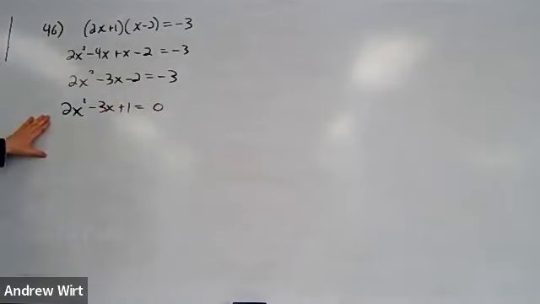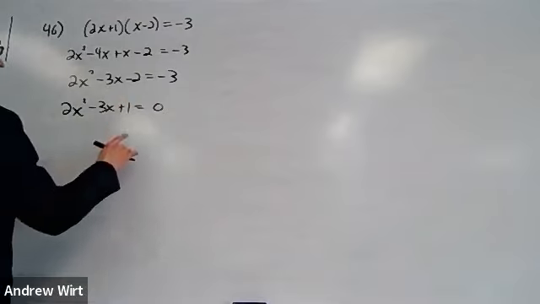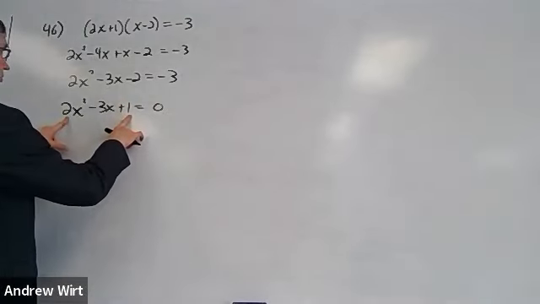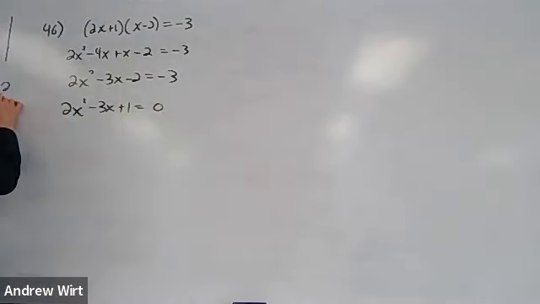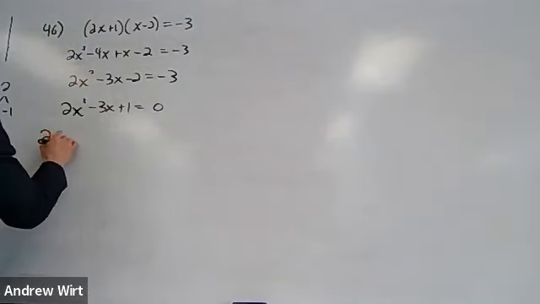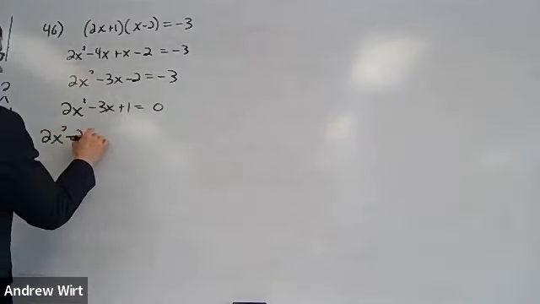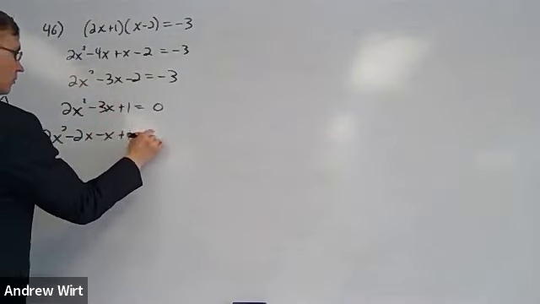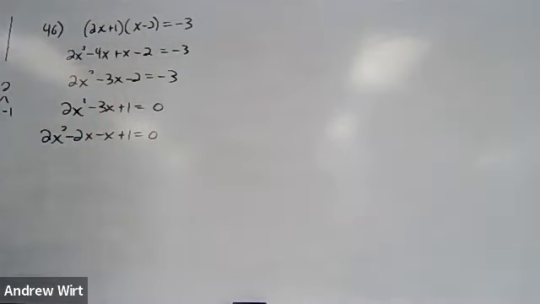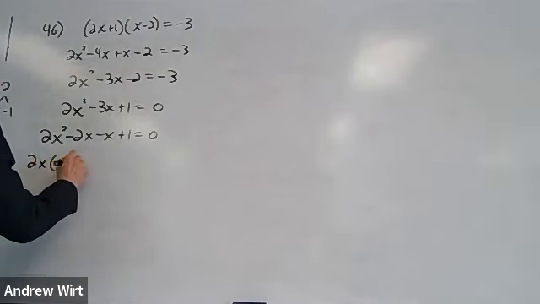And now I've got it set up to factor. All right, so we need the AC method: 2 times 1 is 2. We need two numbers that multiply to get 2 and add to get negative 3. So that's negative 2 and negative 1. Now here I can factor out 2x and get x minus 1.